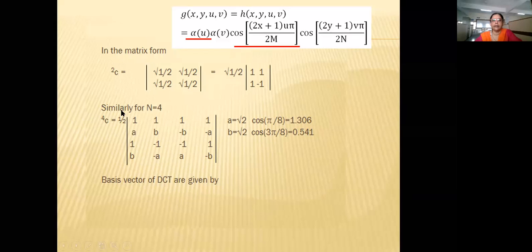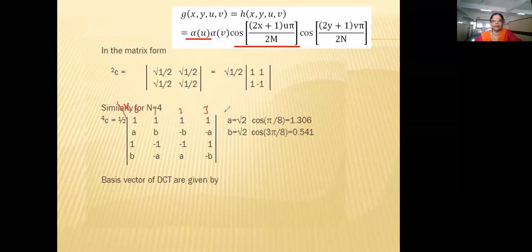Okay, so for n equal to 2, we varied x in this direction, u in this direction. Similarly, when n is 4, here we are considering x in this direction. x is 0, 1, 2 and 3.